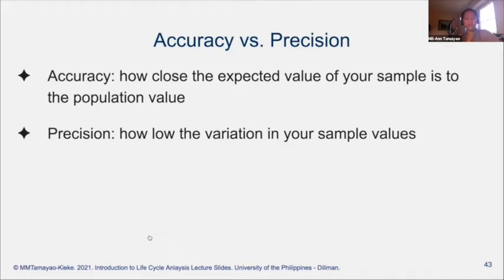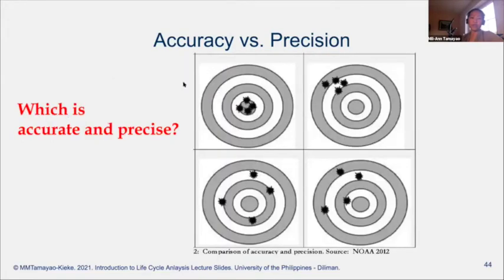Okay, next, accuracy versus precision. You are familiar with these two, but let's just review them. When we say accuracy, it's how close the expected value of your sample is to the population value, while precision is how low the variation in your sample values are. So the usual representation of those two ideas is a dartboard.